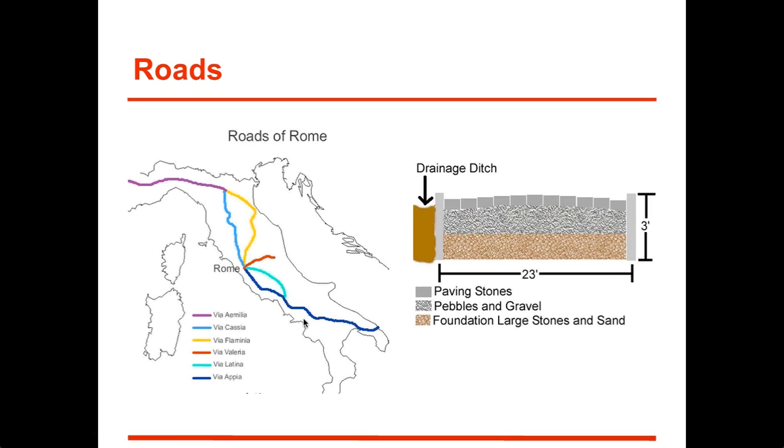They created this incredibly expensive and extensive span of roads. By 200 Common Era, CE or AD, there were more than 53,000 miles of major highways.